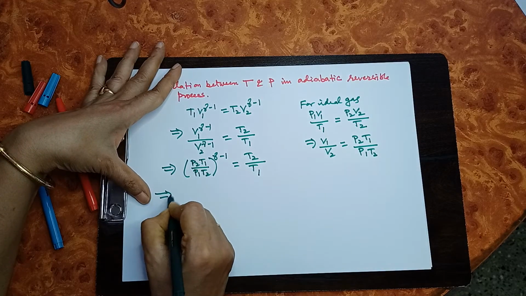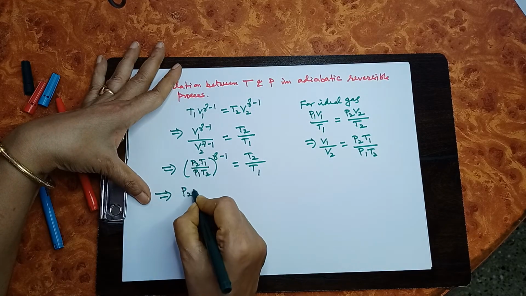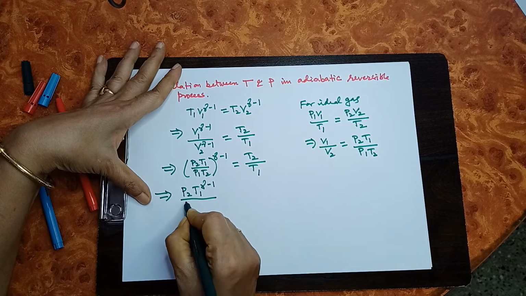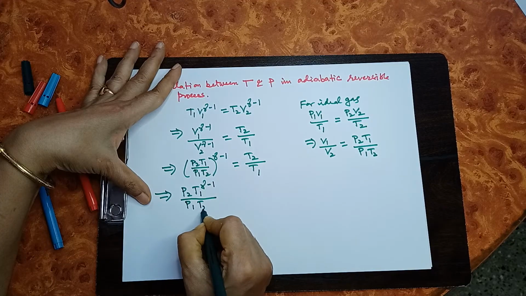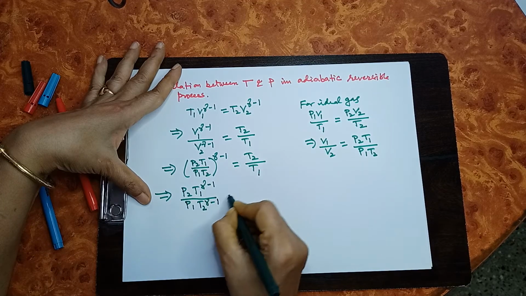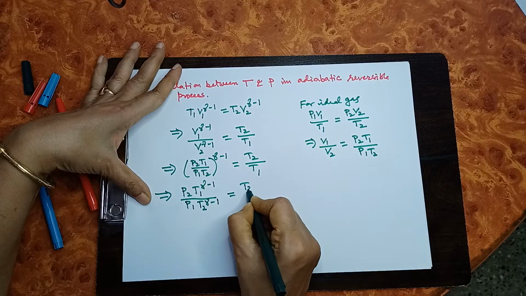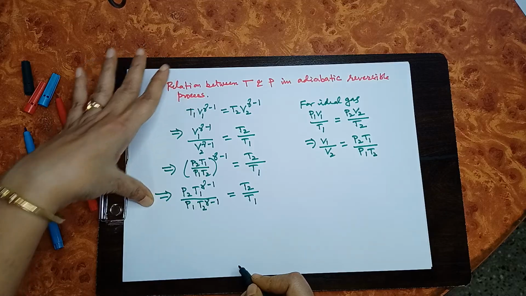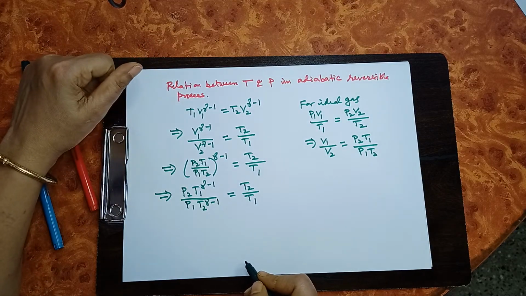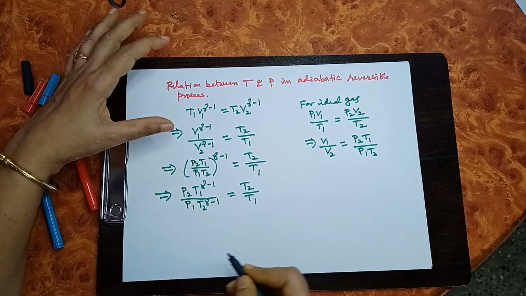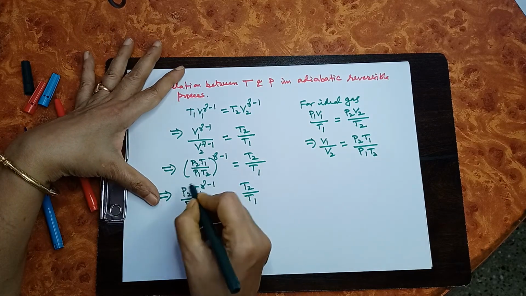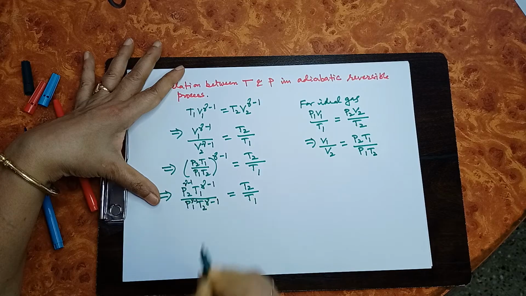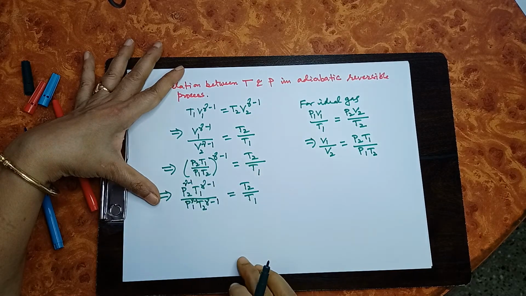So we can write it as P2 T1 to the power gamma minus 1, then P1 T2 to the power gamma minus 1 is equal to T2 by T1. Here also I have to write gamma minus 1, here also P1 gamma minus 1. Both are gamma minus 1, no?